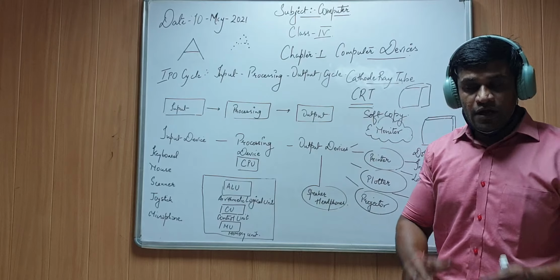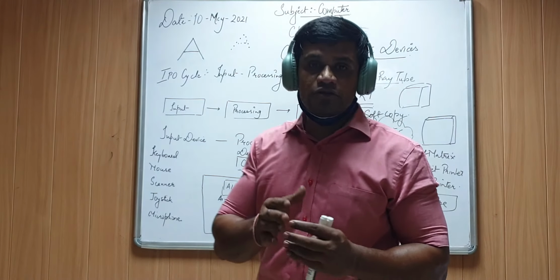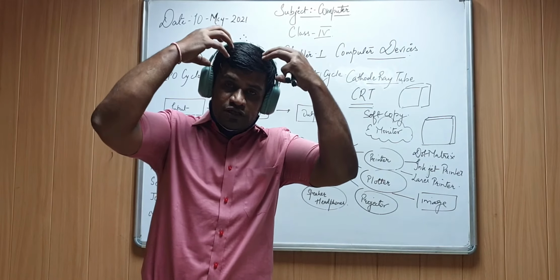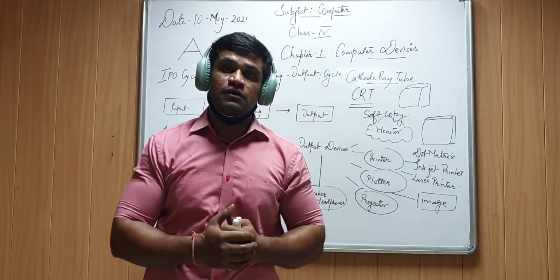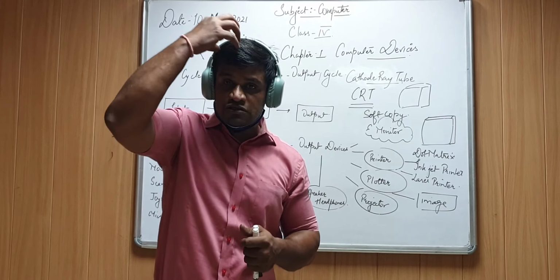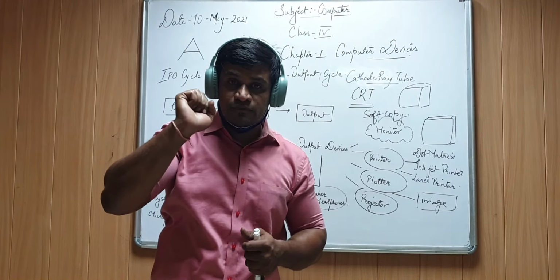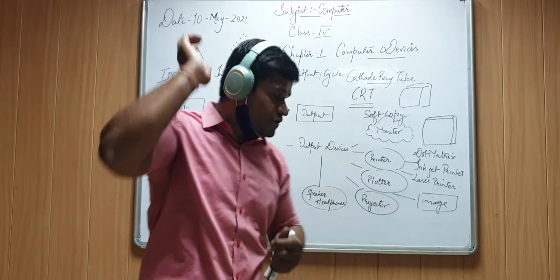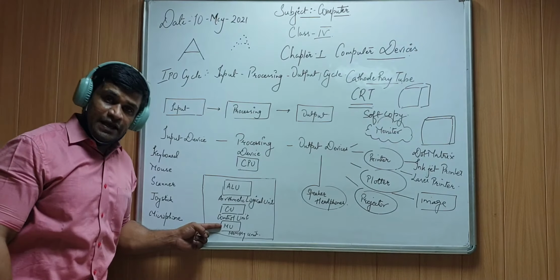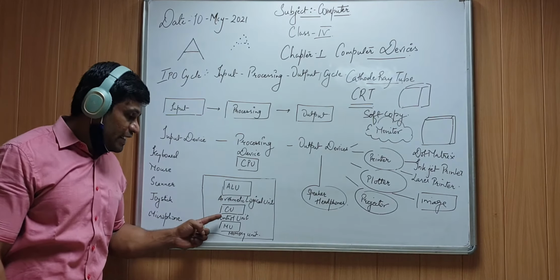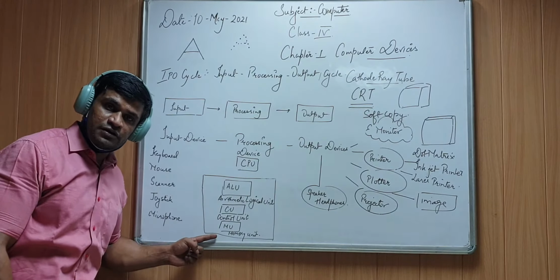Memory unit: like if I have to give you two numbers, 2 plus 3. What you have done is stored the first number in your brain. Then you added 2 plus 3 is 5. The output is also stored in your mind. You have stored the input once you received it from the input device. Then the output which is generated by the ALU is also stored in the memory unit.